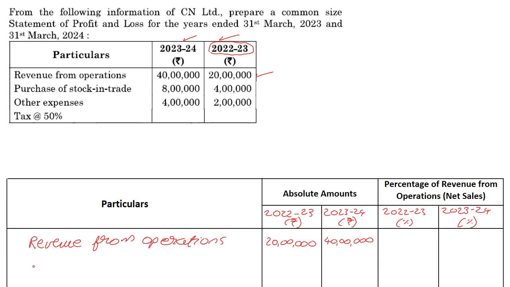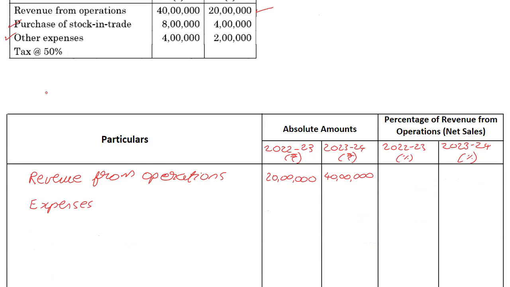Under expenses, we have purchase of stock in trade, which is the second line item under expenses in the format, and the last line item, which is other expenses. We only have two, so we don't need to write the whole format.